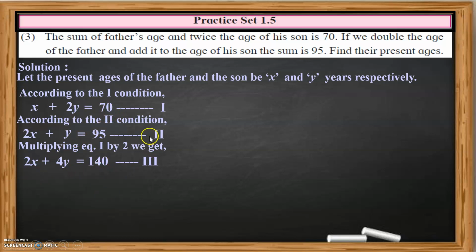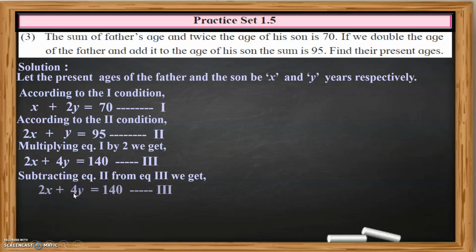Now equation 2 and equation 3 I have to solve simultaneously. Now here the coefficients of x are the same. Okay, so I am going to subtract equation 2 from 3. Since 140 was bigger, I want to subtract 3 minus 2. But when I have to write equation 3 minus equation 2, I have to write subtracting equation 2 from equation 3.